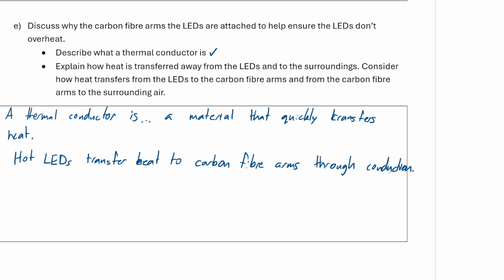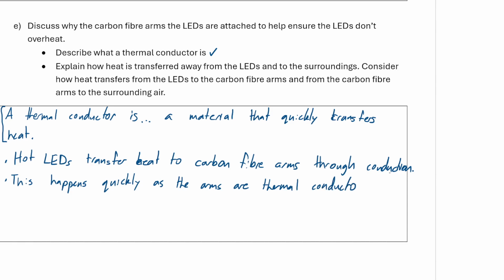And since the carbon fiber is a thermal conductor, this happens quickly, right? Linking it back to our definition. So we'd say this happens quickly as the carbon fiber arms are thermal conductors. Right, that's why we chose carbon fiber as opposed to wood, because it wouldn't conduct the heat away effectively.